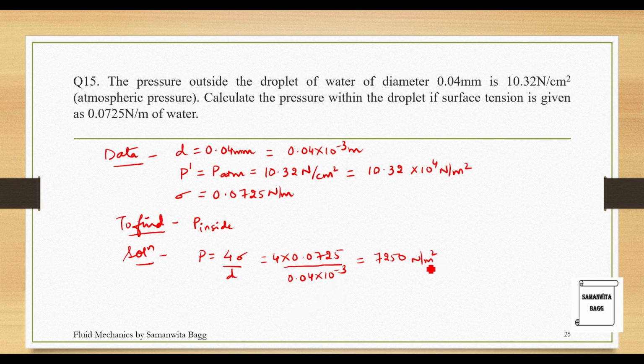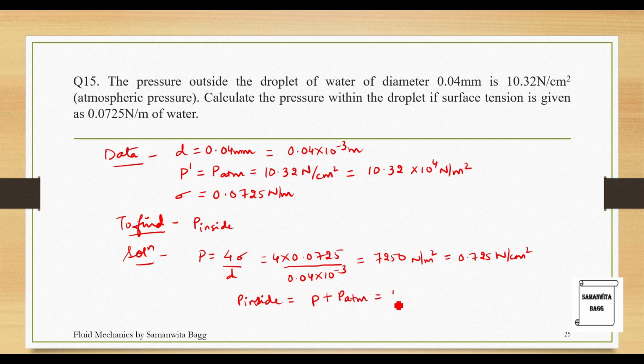Now, this can also be converted into Newton per centimeter square. I leave the choice to you as to how you want to write the answer. So this will become nothing but 0.725 Newton per centimeter square. So this is the extra pressure inside the droplet above the atmospheric. But it is not only this value. So the P inside is actually this P plus P atmospheric.